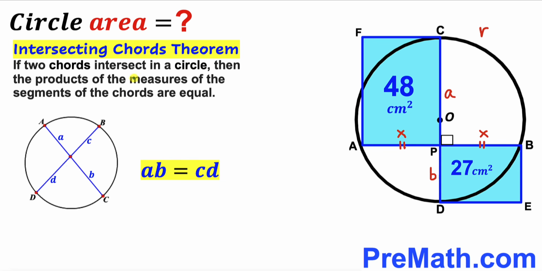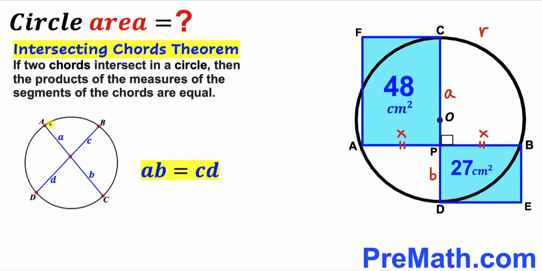According to this theorem, if two chords intersect in a circle, then the products of the measures of the segments of the chords are equal, as you can see in this given diagram. And here we can see we got these two chords AC and BD, and they intersect each other at this point.